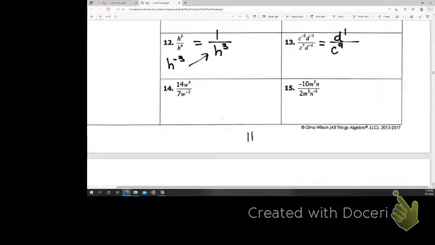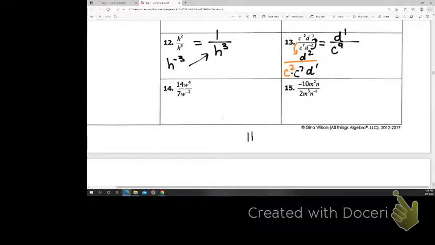Now, sometimes that gets a little more than people want to wrap their head around. You can also think of just taking your first step and making everything that's negative positive, which would then look like this. C to the second, C to the 7th is already down here. This D is going to come up here. This D is going to go down here.